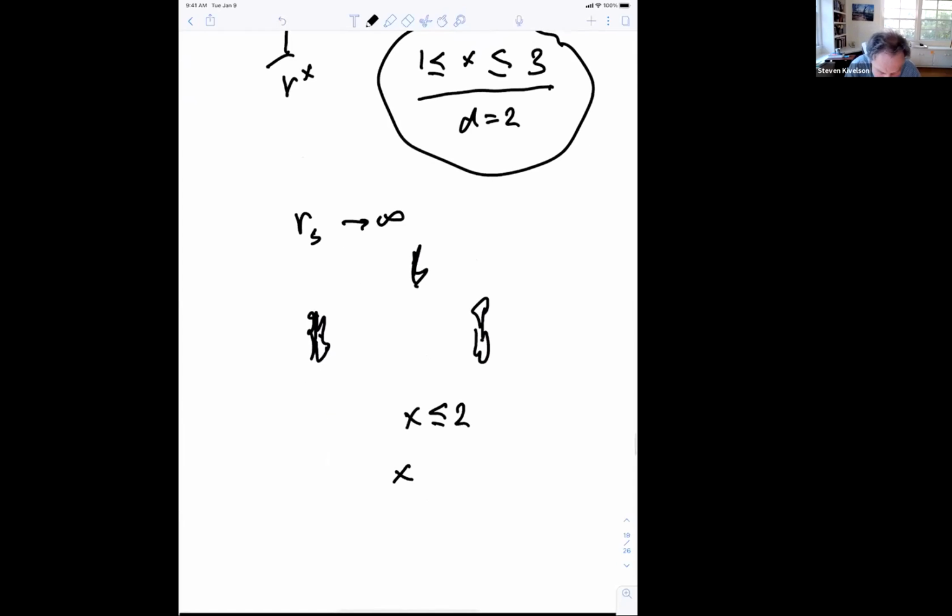For x between 3 and 2, no, I got that backwards. For 3 greater than or equal to x greater than 2, we have short range interaction. So macroscopic phase separation is possible. And the proof is that mesoscopic phase separation has lower energy than macroscopic phase separation. So in fact, there are two totally different proofs.